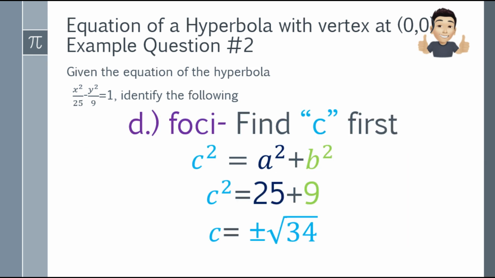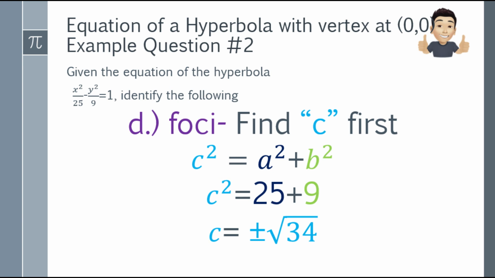Moving on, let's have the focus. Remember, ang focus, meron tayong C. Yung C, yun yung layo ng focus sa center. So, paano natin nahanap yung C? Remember the formula B squared is equal to C squared minus A squared. Para makuha mo ang C squared, that will be C squared is equal to A squared plus B squared. Parang Pythagorean theorem lang.